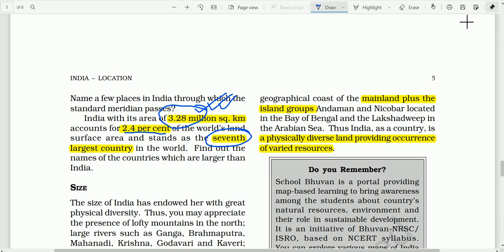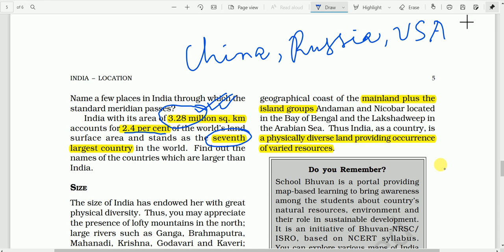Can you tell me the 6 countries larger than India? China, yes. Russia, yes. USA, yes. Then Canada, Brazil, yes.